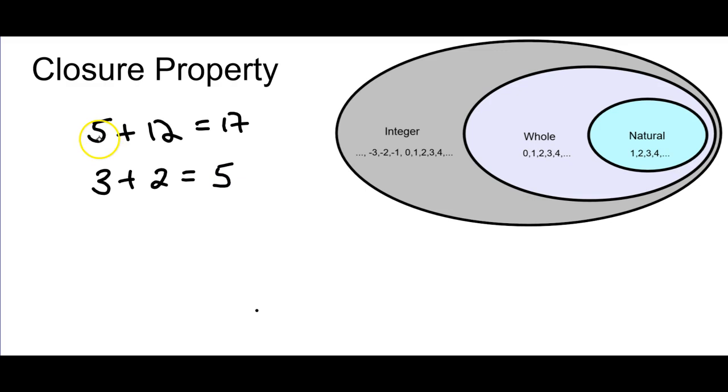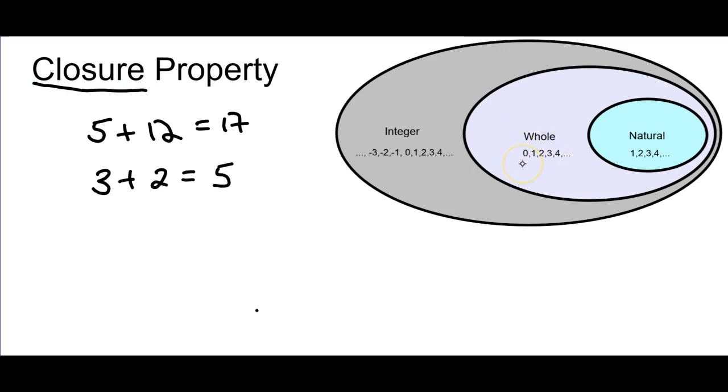Now in both these cases, I'm adding two natural numbers, and I get a natural number. Same thing here. I'm adding 3 and 2, natural numbers, and I'm getting a natural number. So in this case, and I can't think of any out there where I would add two natural numbers and not get a natural number, we say that addition has closure on the natural numbers.